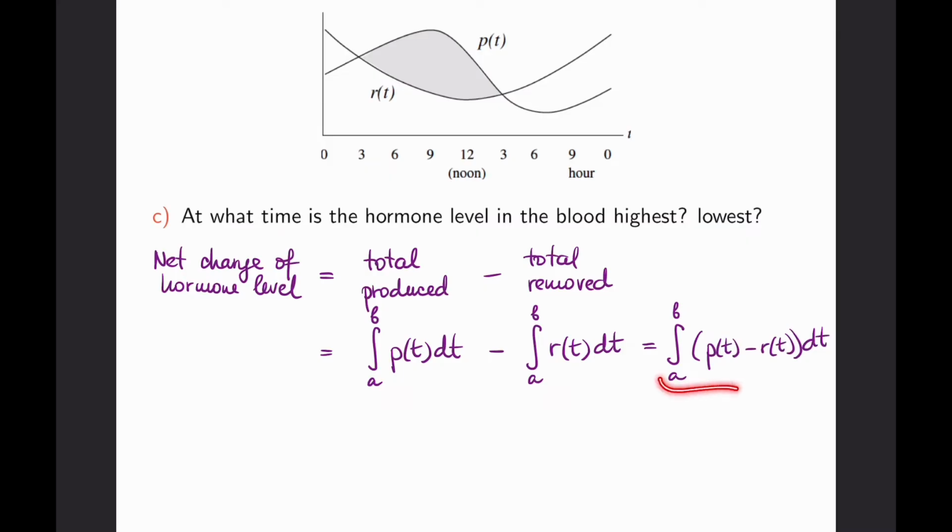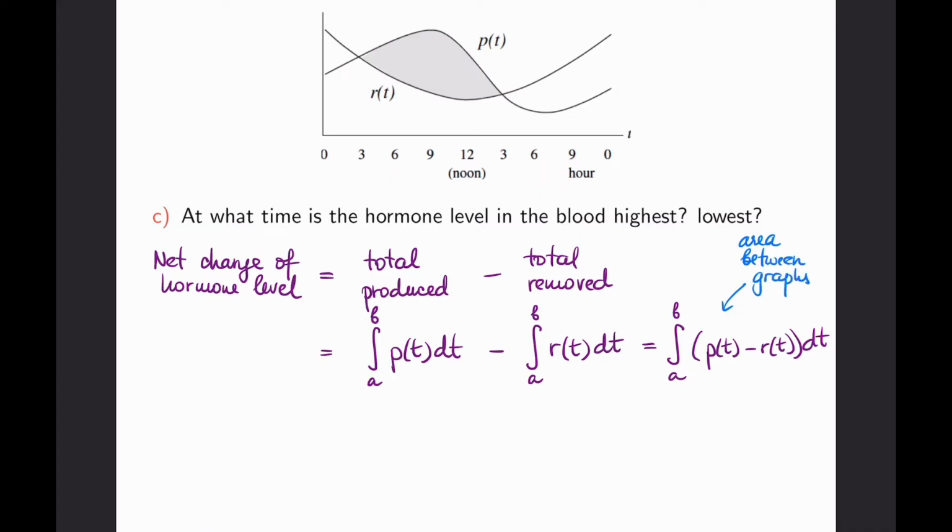Let's take a look at this formula, keeping in mind what we've discussed earlier. If we have an integral where you're taking a value and subtracting something from it, that can be interpreted on the graph as the area between the two graphs. This is exactly how we set up this area formula, area between graphs.